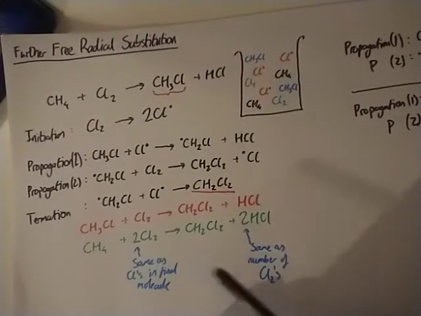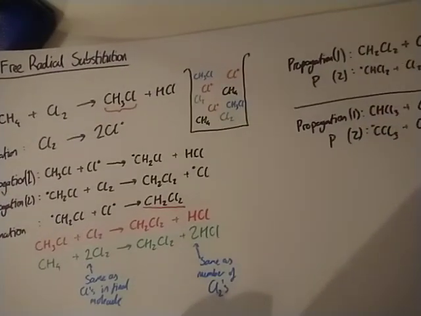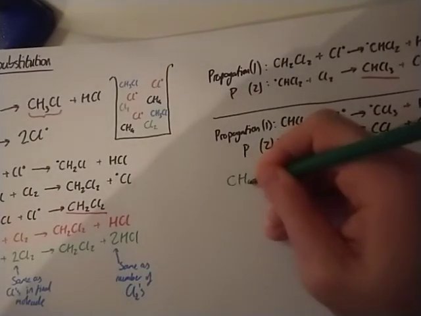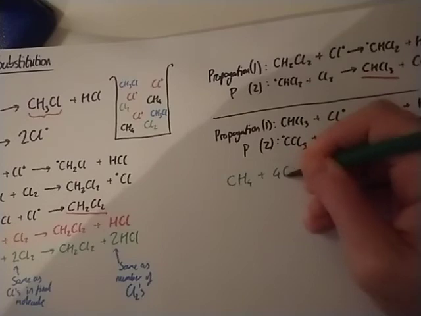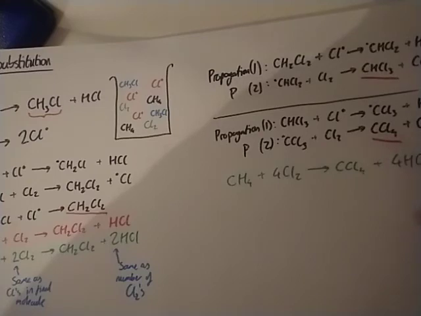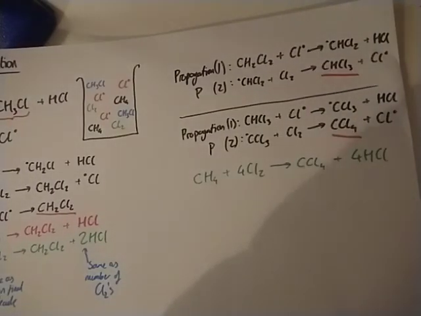If you go back to this reaction and you think about what it would be to form the tetrachloromethane, it has to be methane plus 4 Cl2s going to CCl4 plus 4 HCl's.